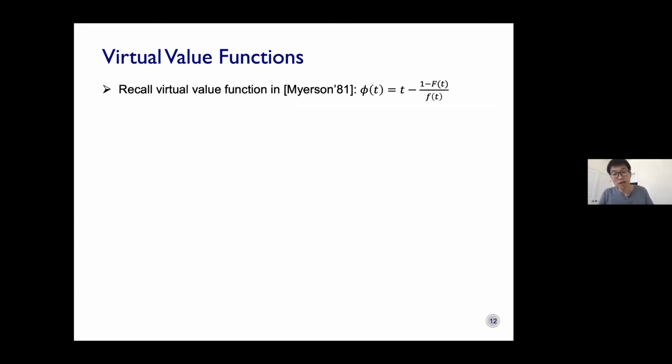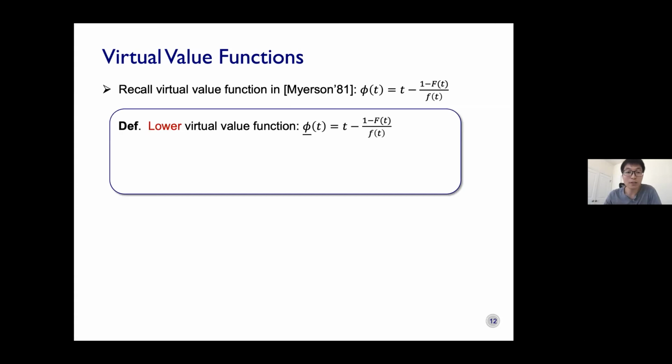So to state our mechanism, the only notion we need is a few notions of virtual values. Let me start by recalling the standard virtual value function developed by Myerson in his optimal auction design, which has this format: t minus (1 minus capital F(t)) divided by little f(t). That's pretty classic in auction design. We're actually going to call this the lower virtual value, exactly as Myerson derived.